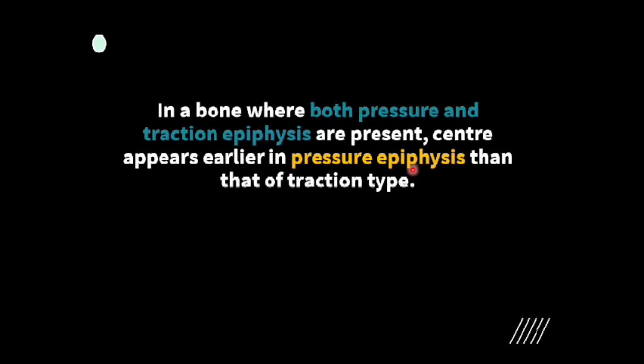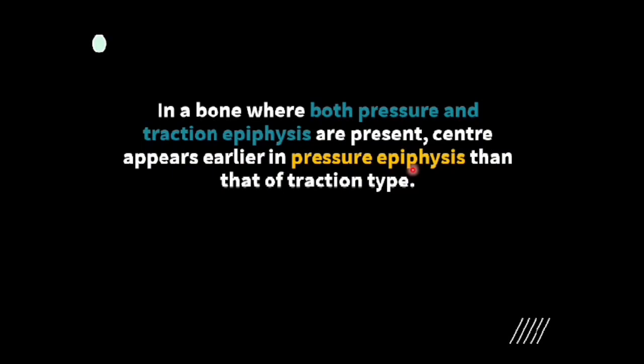So both of them are having the pressure epiphysis. So ossification center appears in the proximo-distal direction when both the ends are having the same epiphysis. So that means the upper end will be ossified first, then the lower end.